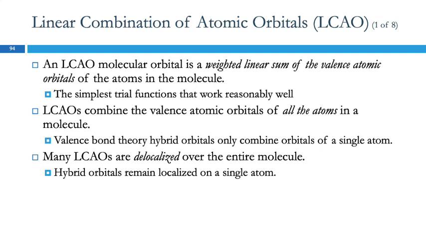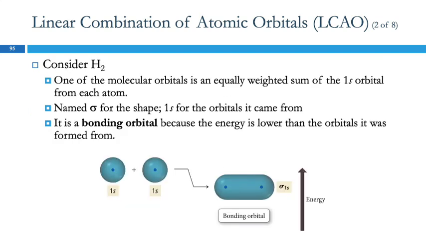So it combines all the atoms, not just the central atom, not just two at a time, just all of them. So you have to combine all of them. And as a result of this, many of these types of orbitals are going to be delocalized. They're going to be spread out over the whole molecule instead of on a single atom, like the hybrid orbitals.